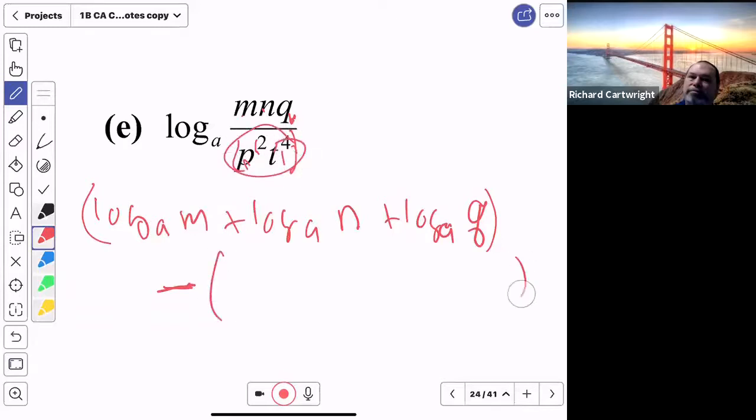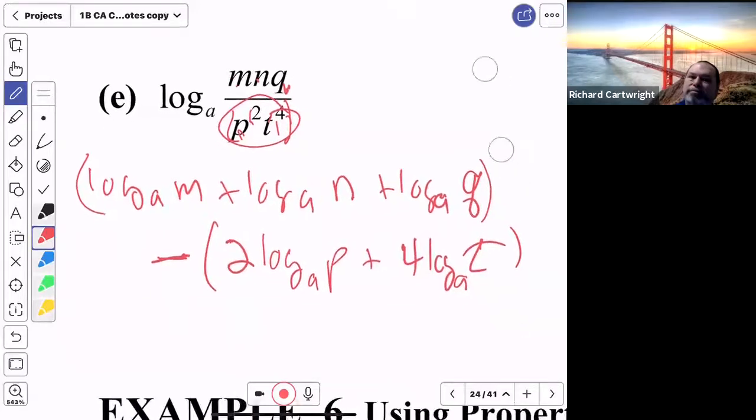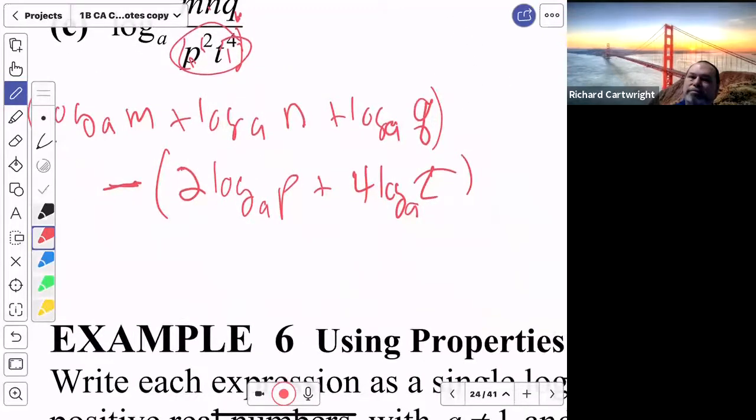So put them in parentheses. 2 log base a of p plus, is that a 4? Log base a of t. There you go. That's a pretty good answer. Now, if you want to distribute that minus, you could say minus that, minus that. I'm running with that, though.